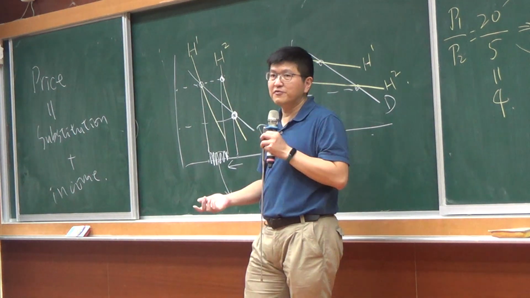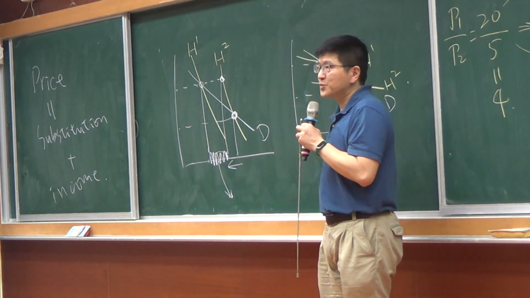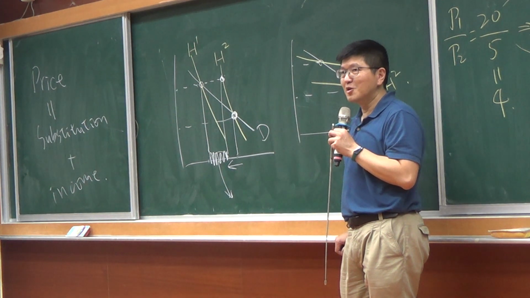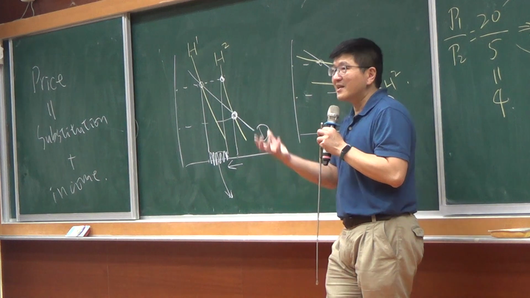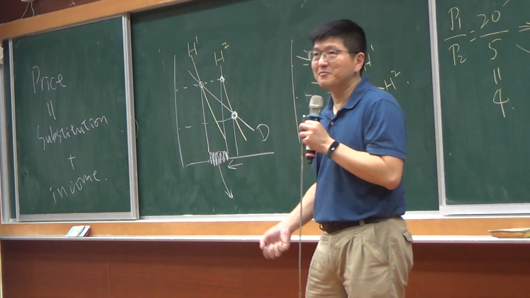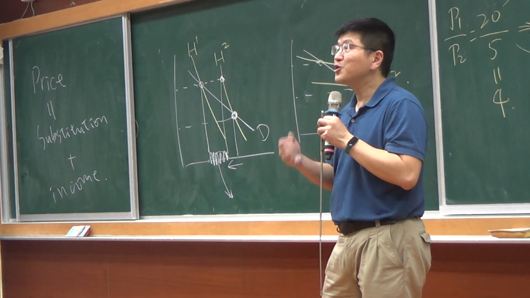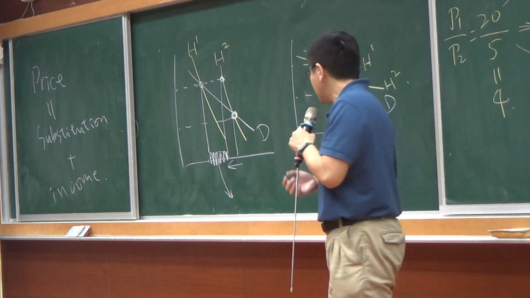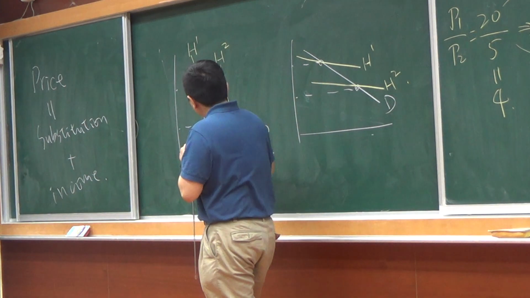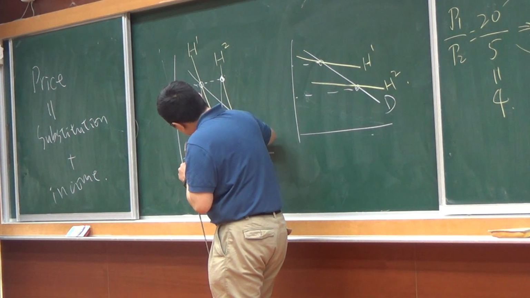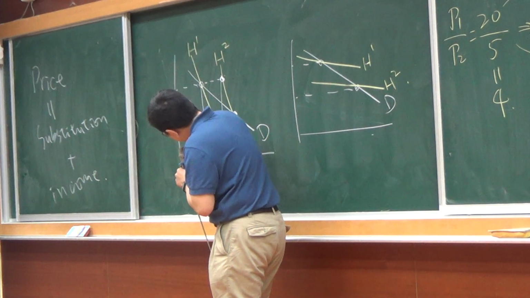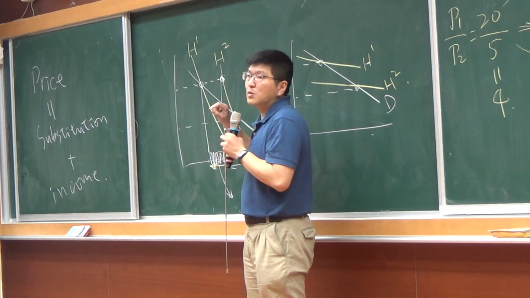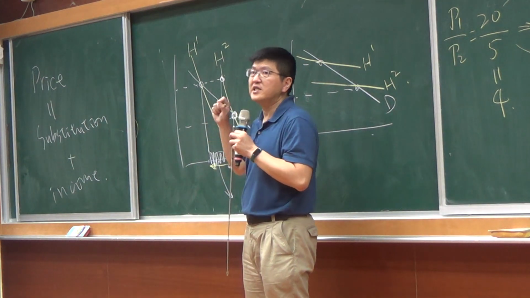So what kind of good is this one? Is it a normal good or an inferior good? Normal or inferior? You got less money and you cut your consumption. It's a normal good, right? Understand what I'm talking about? Because for this part, you cut your consumption, you remember, the pure substitution effect is always negative.